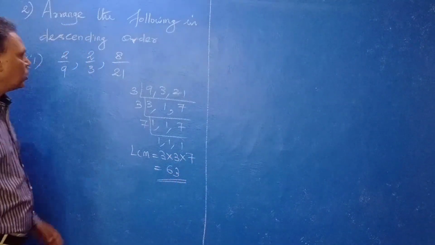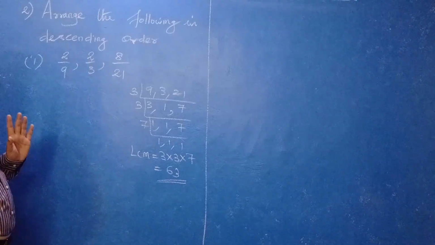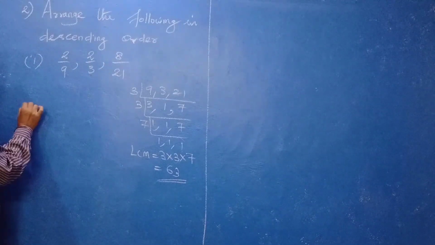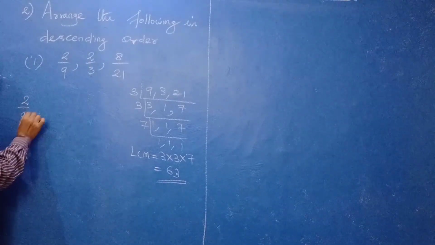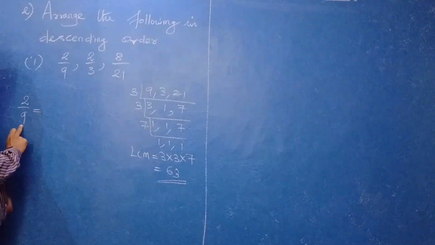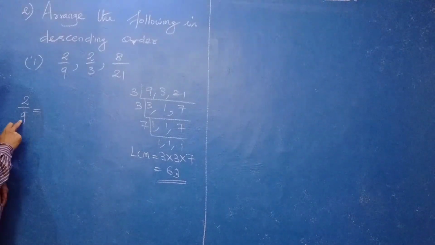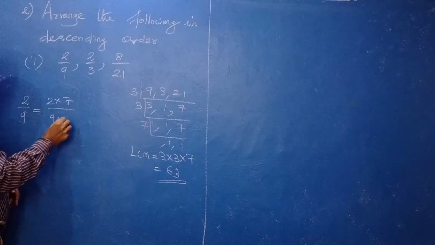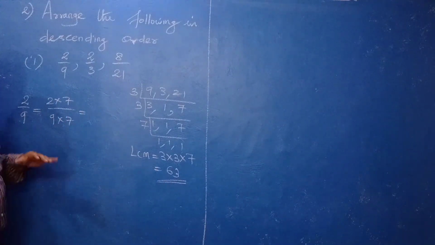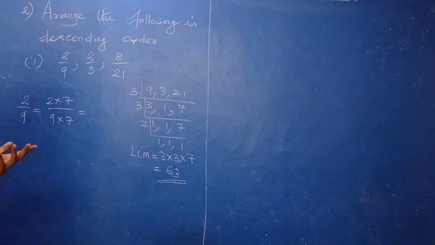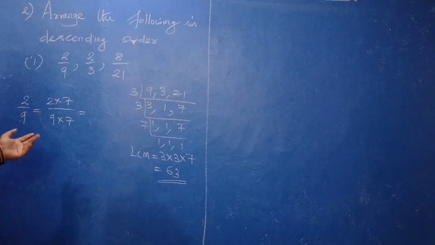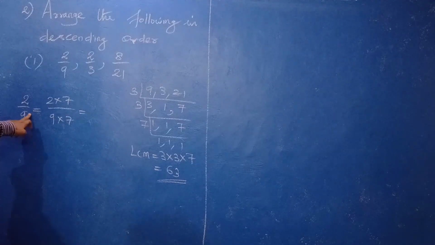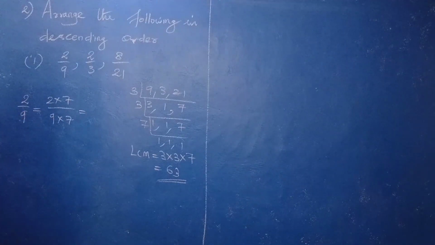Clear? So all the denominators you have to make 63. First, take 2 by 9. To make the denominator 63, how much do you have to multiply? 7. So 2 into 7 by 9 into 7. The multiplication table should be thorough, then only you can do it easily. So to make the denominator 63, multiply by 7. 9 table.